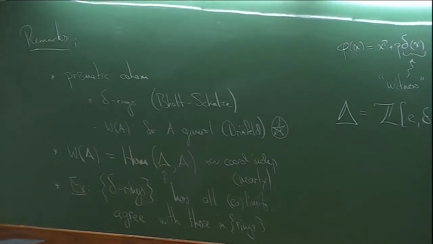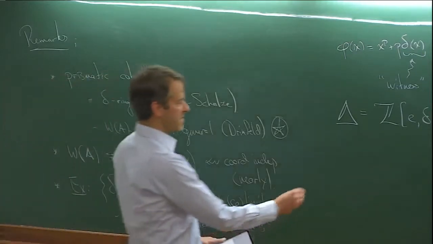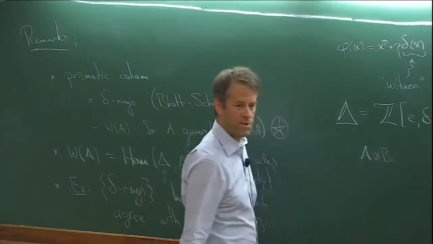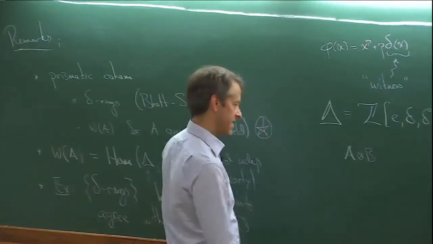Which is not completely obvious if you have two delta rings, A and B. How do you put a delta structure on that?